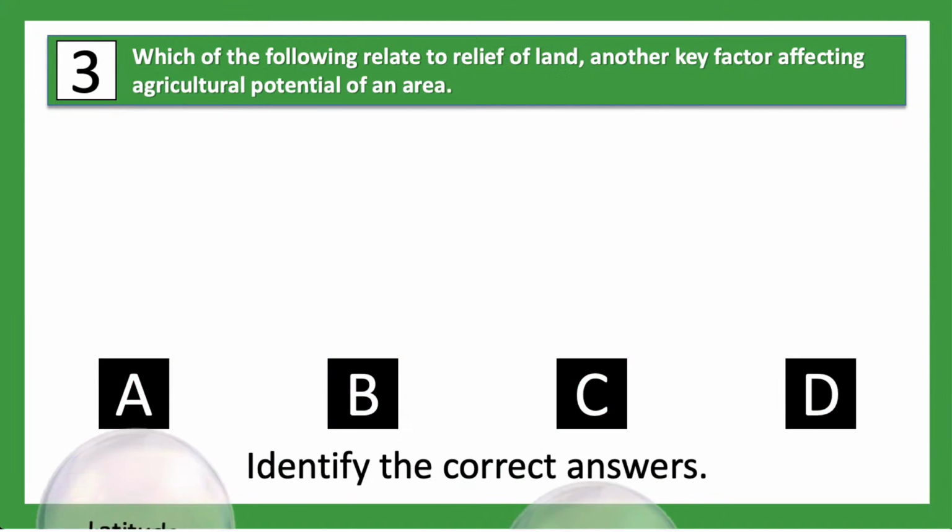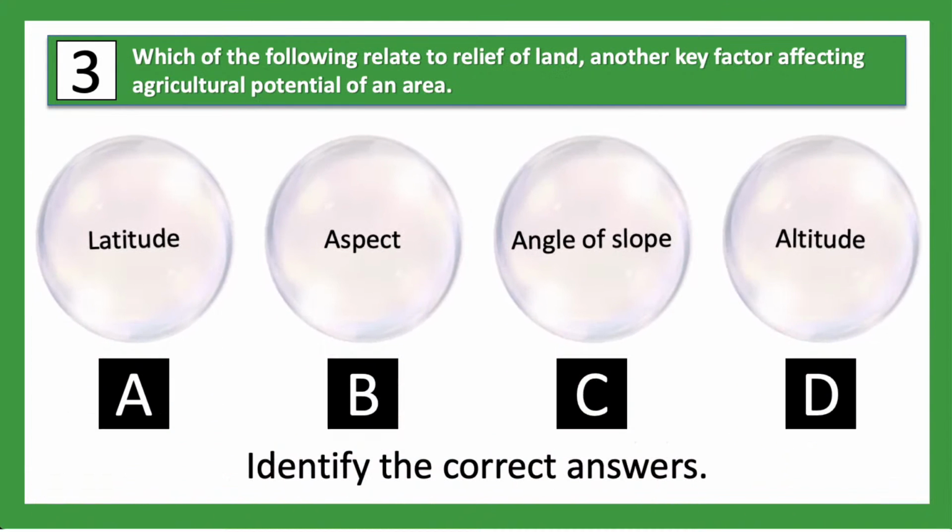Question number 3. Which of the following 4 things, if any, relate to the relief of land, another key factor affecting the agricultural potential of an area?